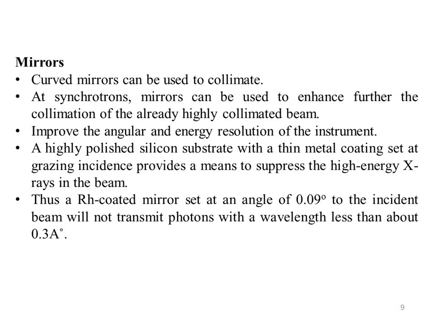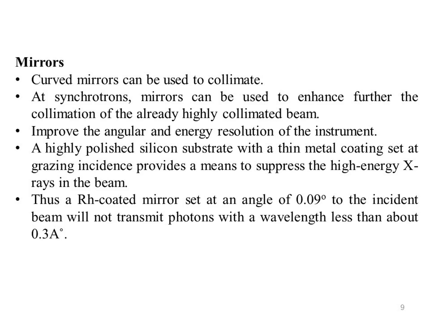A highly polished silicon substrate with a thin metal coating such as platinum or rhodium set at grazing incidence also provides a means to suppress the high energy X-rays in the beam.